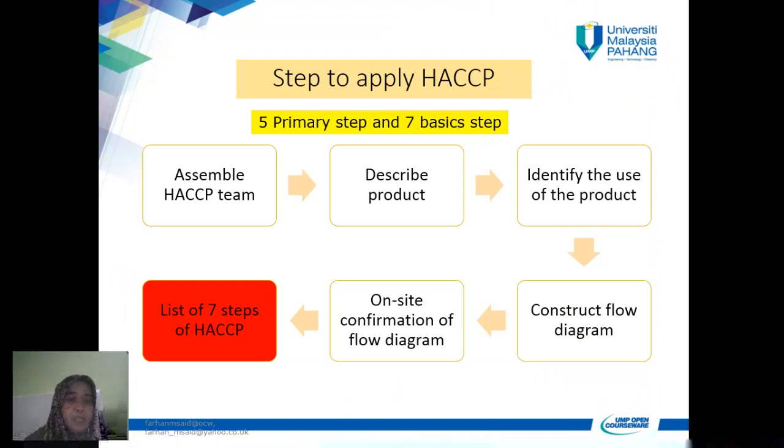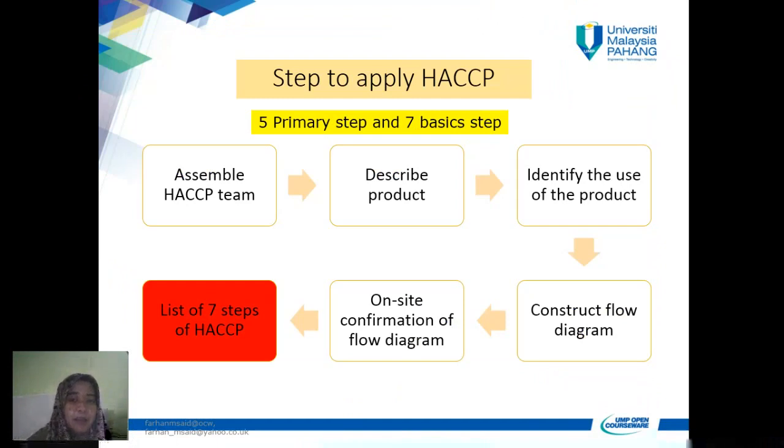So basically, in order to apply the HACCP, they must have at least 12 steps. So the steps are, first of all, they must form the HACCP team, and then describe the product that they want to apply the HACCP to, and then identify the use of that product.